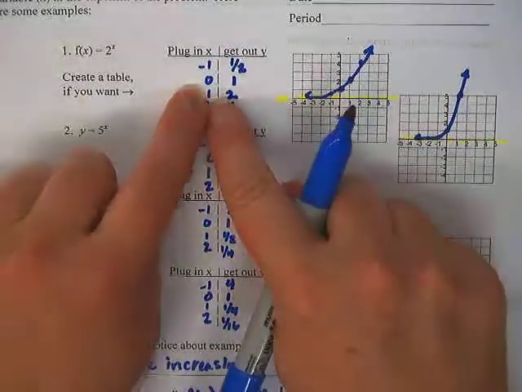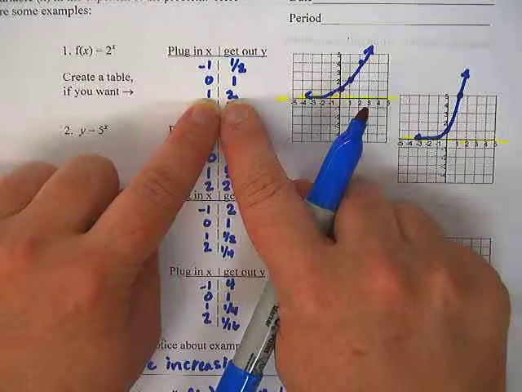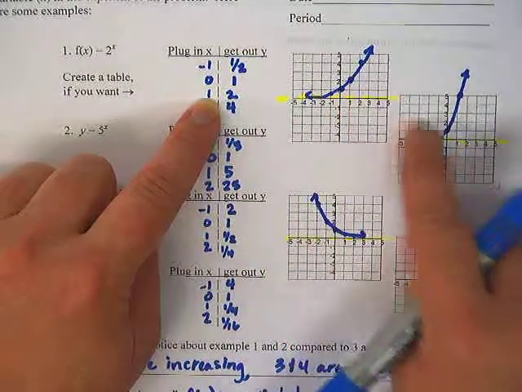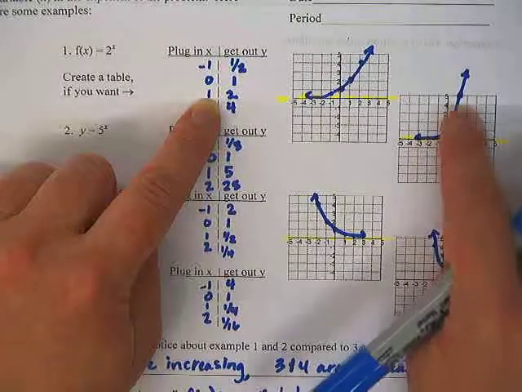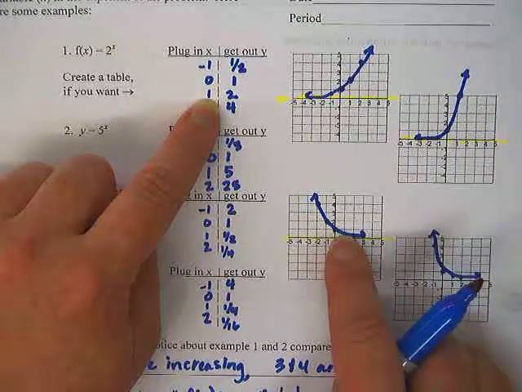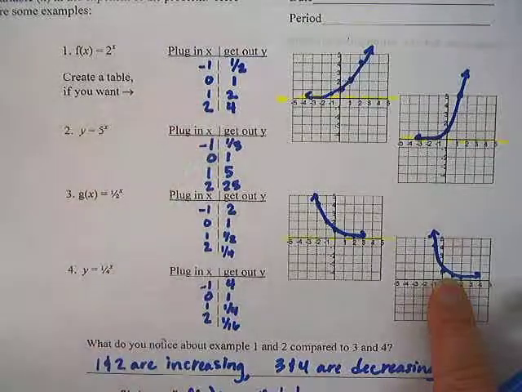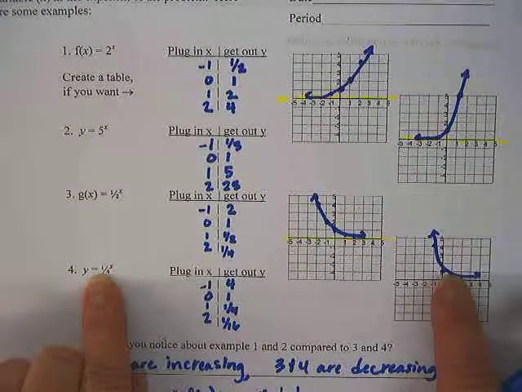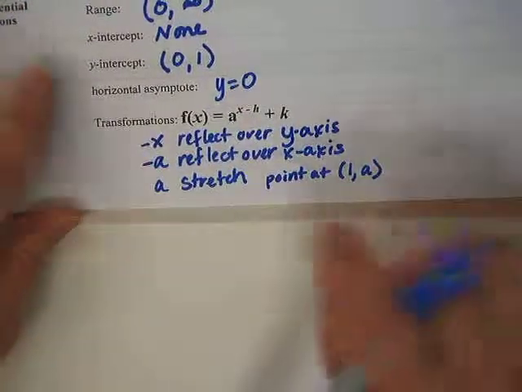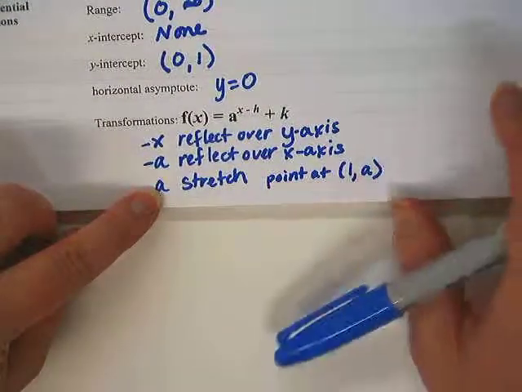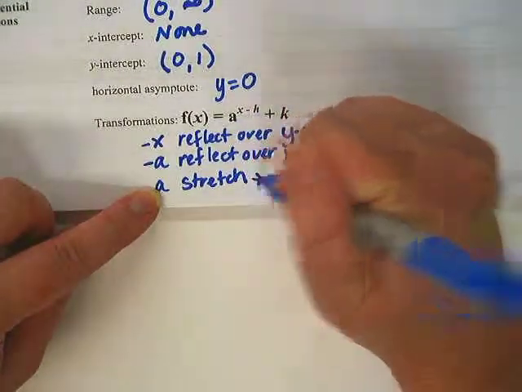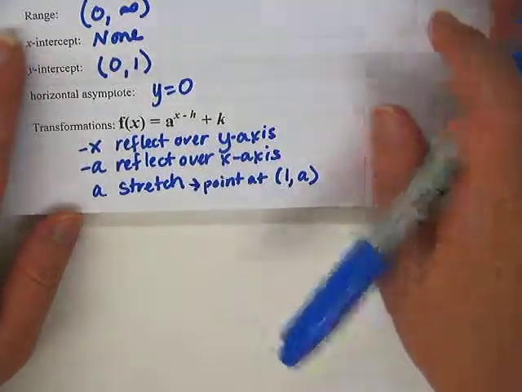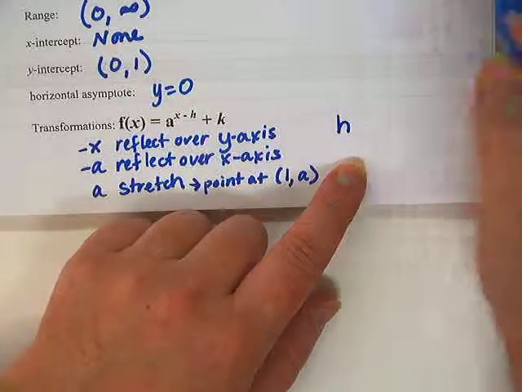H, so a is the stretch, so that there's a point at (1, a). Remember how we talked about that at the beginning, where this was a 2, because we do 2 to the first power, so 2 to the first power is 2. So you go over 1, up 2. So whatever your base is, that's the number: over 1, up 5. Over 1, up 1/2. Over 1, up 1/4.